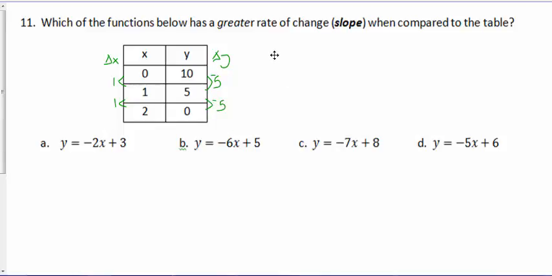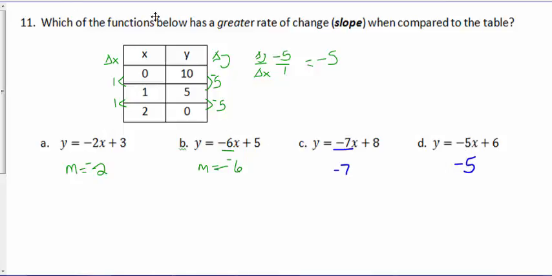So this is -5/1, which equals -5. Now, the slope for this one is -2. The slope for this one is -6. The slope for this one is -7, and the slope for this one is -5.